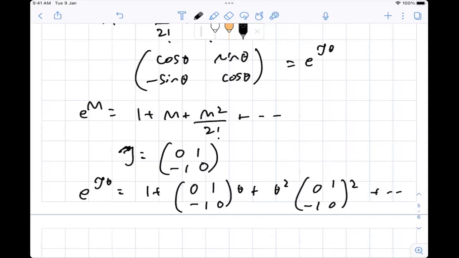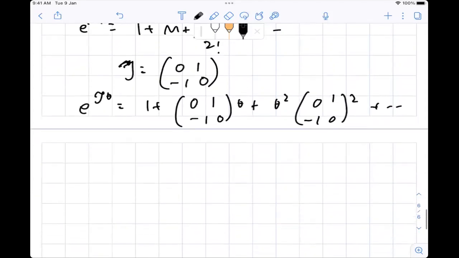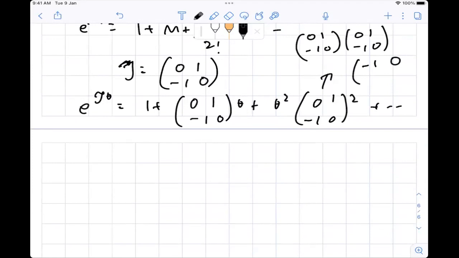If you add up this series, you will get what? It's very easy to see, but still, let's do it. What is this equal to? 0, 1, minus 1, 0 times 0, 1, minus 1, 0. So this is then minus 1, 0, and 0, minus 1.